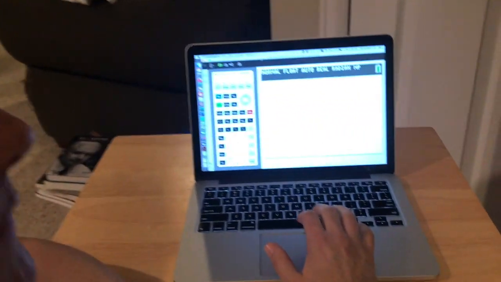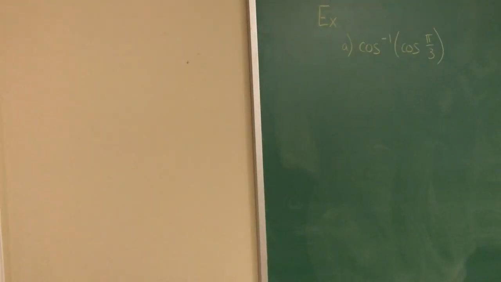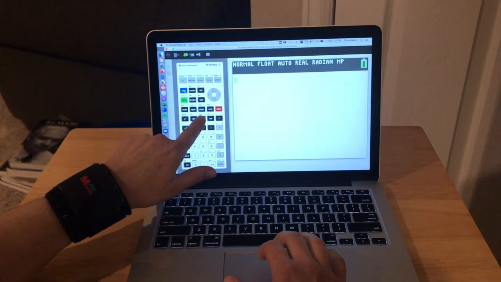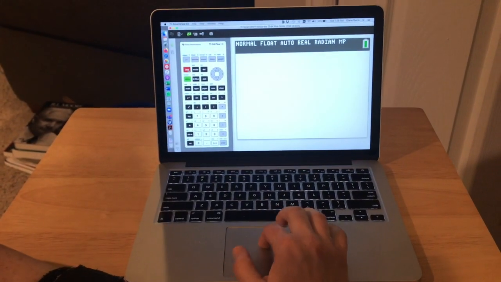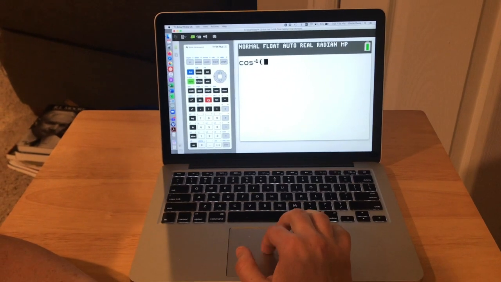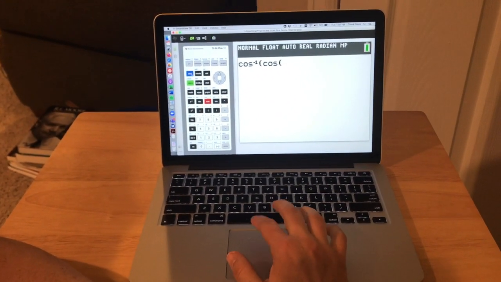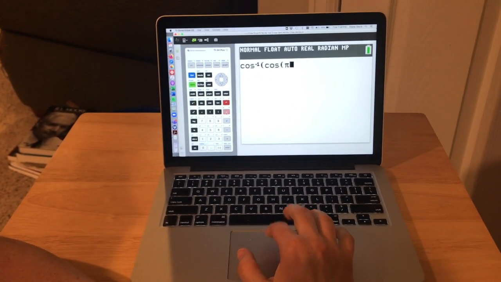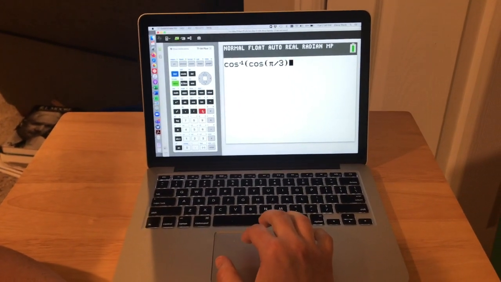Okay, so on the graphing calculator, I'm going to type in the first one, which is inverse cosine of cosine of pi over 3. So the way that I do that is I'm going to look for the inverse cosine function. So I have second cosine, so that's inverse cosine of cosine of pi over 3.